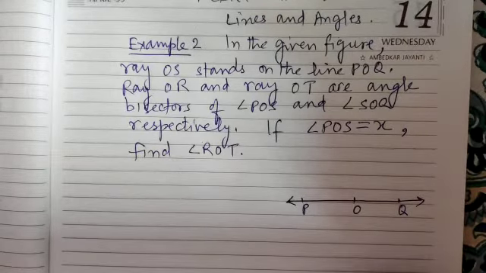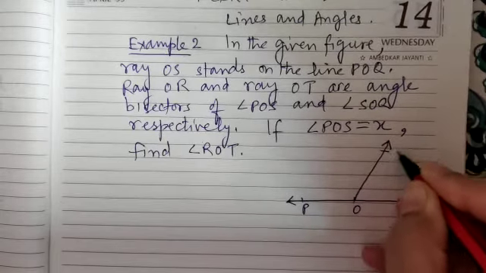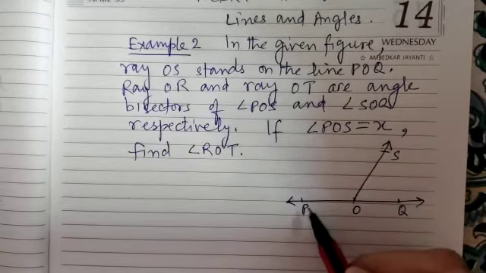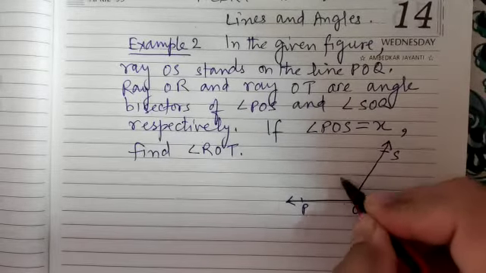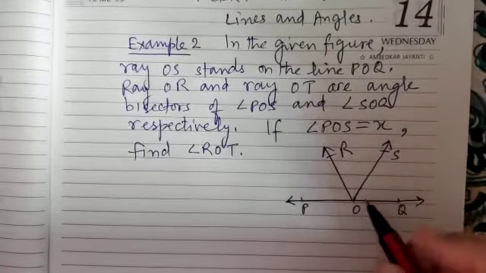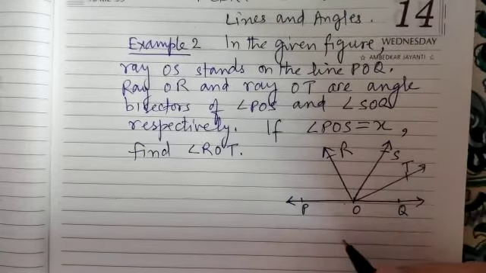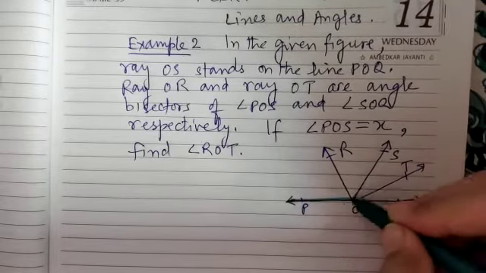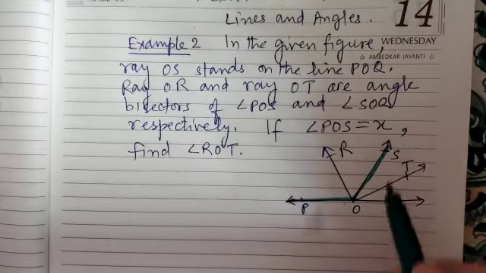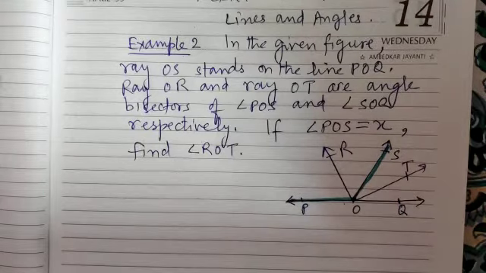So in this question it is given that in the given figure the ray OS stands on the line POQ, and the ray OR and the ray OT are angle bisectors of angle POS and angle SOQ respectively.